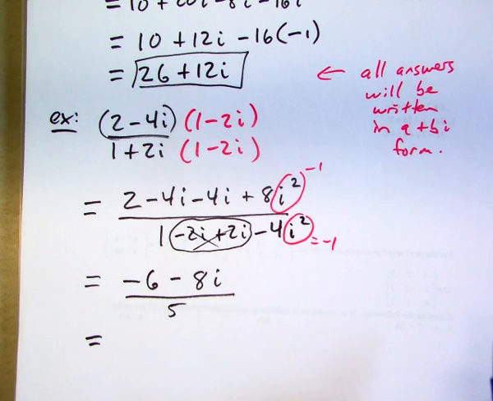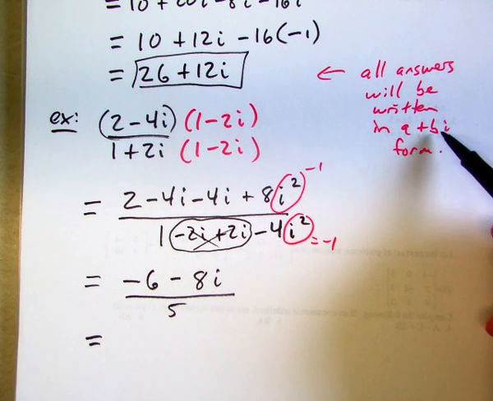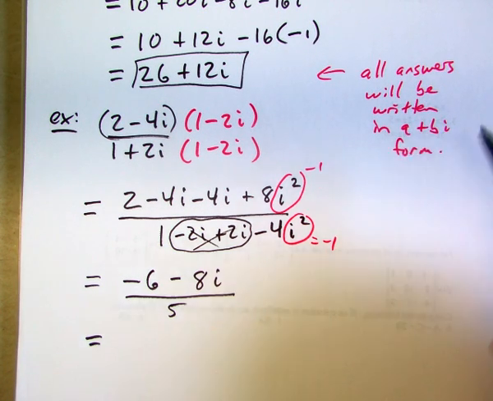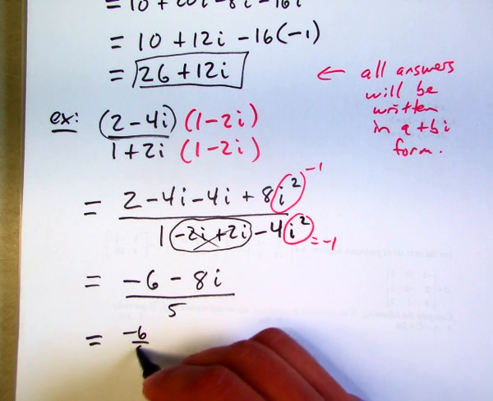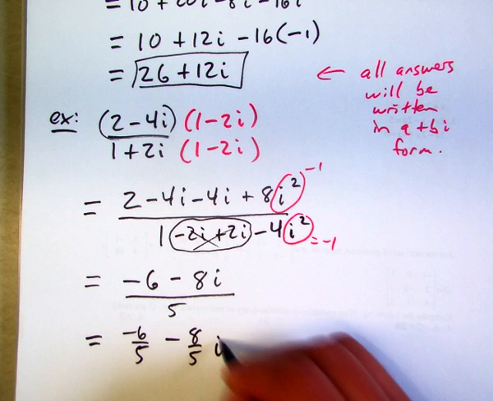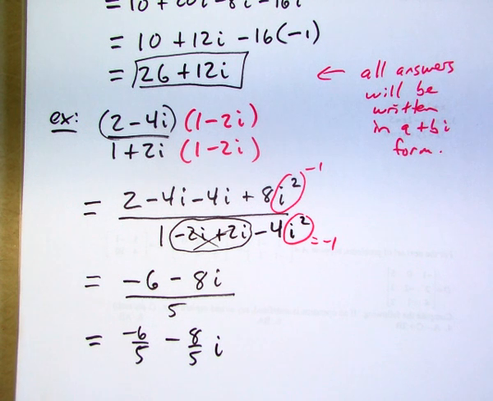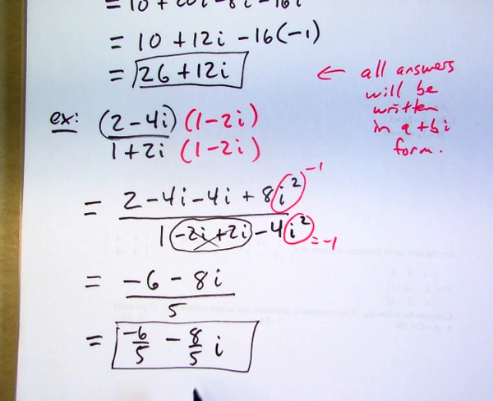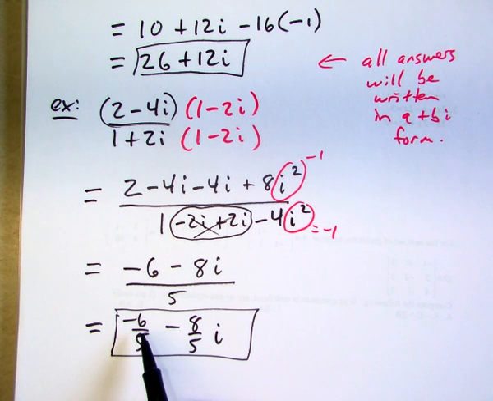So now we're always going to write our answers in a plus bi form. So all we do is just divide everything. -6 over 5, that's your real portion, minus 8 over 5 times i. So again, everything can be written in this format. Real number plus the imaginary stuff, or minus.